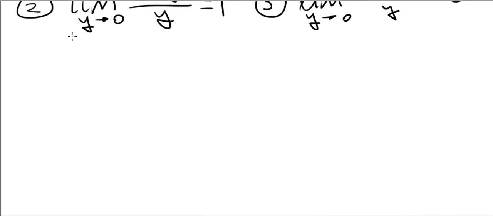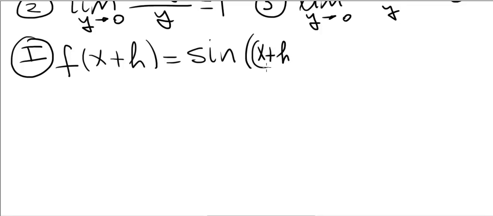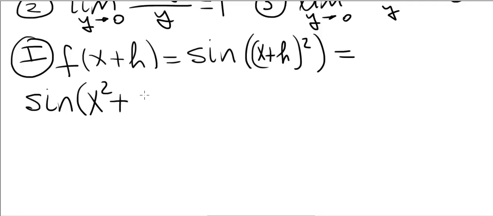So let's begin with step number 1, and that is to compute and simplify f of x plus h. In our case, it is sine of the quantity x plus h, squared, which can be expanded, and it becomes sine of x squared plus 2xh plus h squared. It's a sum of three things.